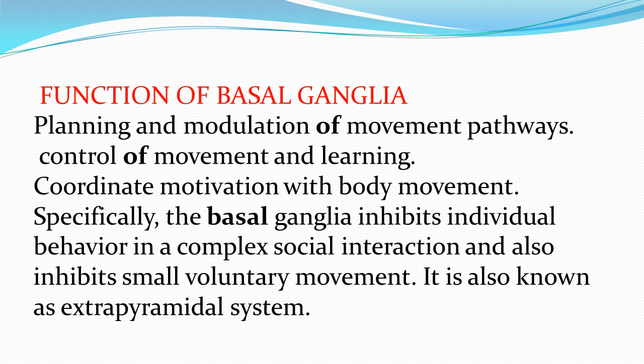Specifically, the basal ganglia inhibits individual behavior in a complex social interaction, and also inhibits small voluntary movement. In basal ganglia, all nerve fibers are basically inhibitory. It releases GABA, gamma aminobutyric acid, which is an inhibitory neurotransmitter.